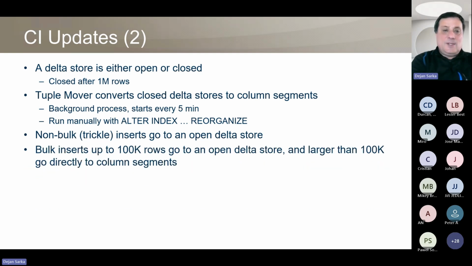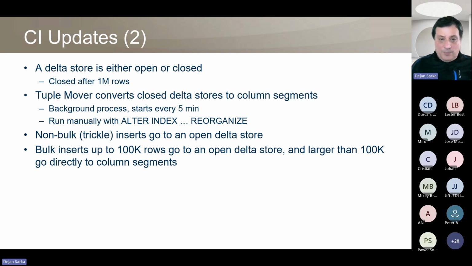So trickle insert, row inserts, go to an open data store. Bulk inserts, if they are less than 100,000 rows, go to an open data store. If they are larger, then they are directly converted to columnar storage. Please note that the limit is around 100,000 rows. It is 10 times less than the 1 million rows we have in default row segments. So it means that also these segment dictionaries are not so efficient.